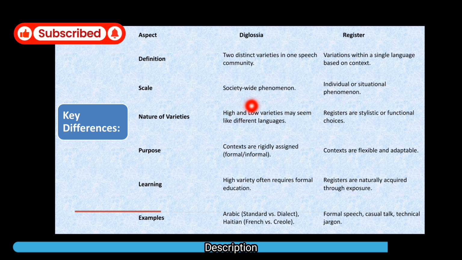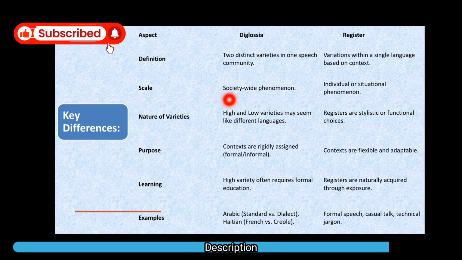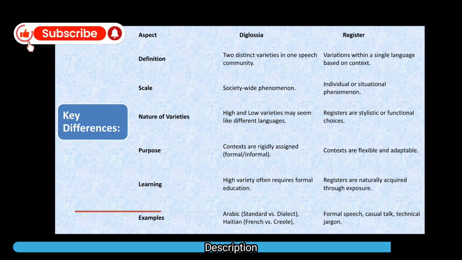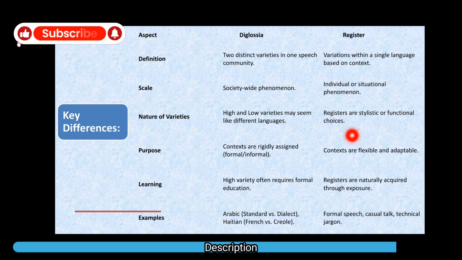It's not an individual phenomenon. It's a societal, large, wide phenomenon across a whole society. And this one is an individual or situational phenomenon. Nature of varieties: high and low varieties may seem like different languages, while registers are stylistic or functional choices.